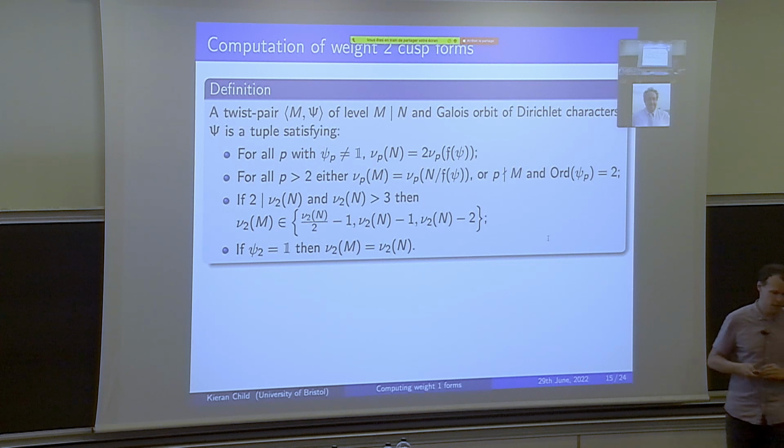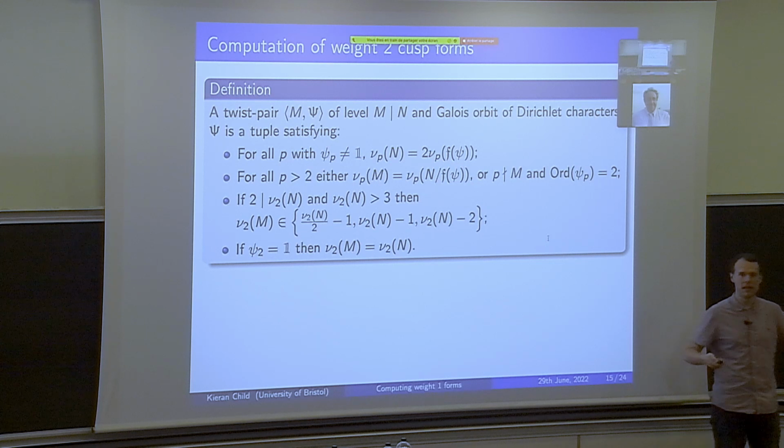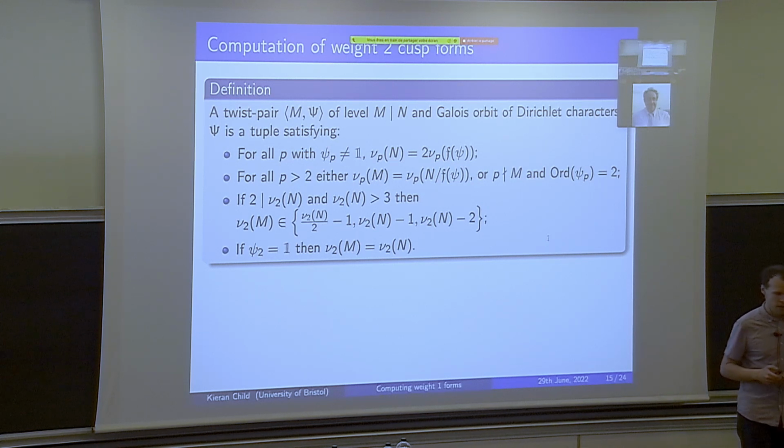The only thing to notice here is that when you've got an odd square factor of your level n, there is going to be more than one twist pair. So it's going to be a meaningful decomposition whenever our n isn't square free.